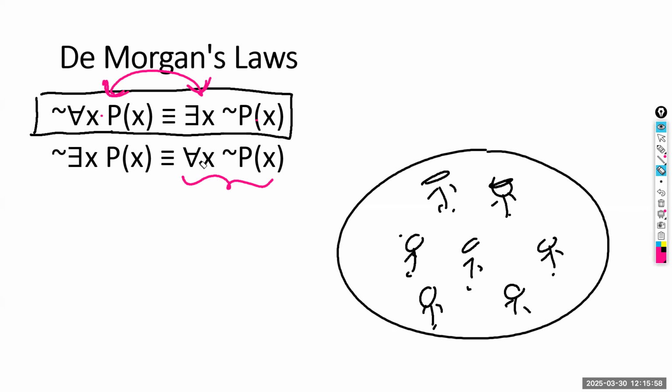All x, not P(x). Everyone is not wearing a hat, which is equivalent to not existing anyone wearing a hat. There is no one who exists wearing a hat. Either you can say not exists x P(x) or you can say all x not P(x).